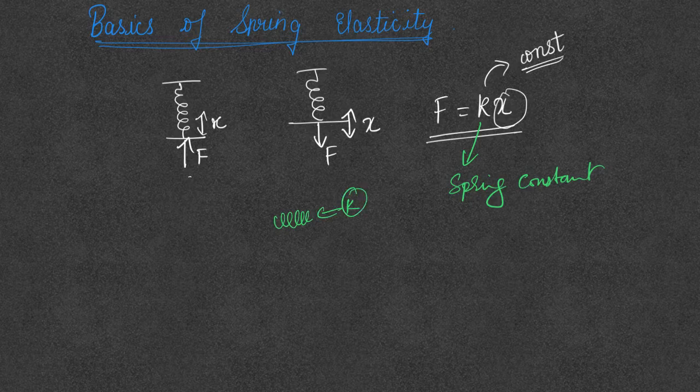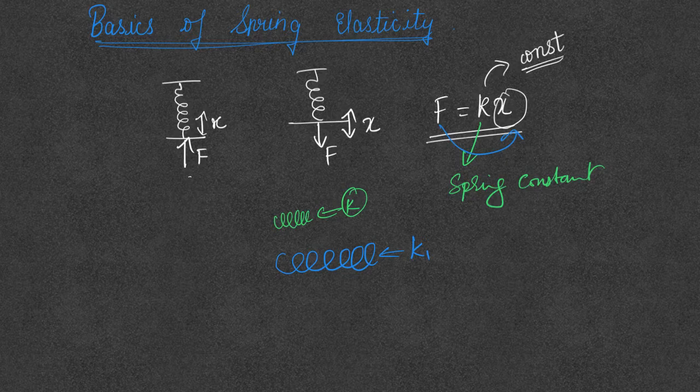Similarly, if you have another big spring of iron, the K of that spring will be different. But for a particular spring, the K remains always constant, and the force is directly proportional to the displacement of the spring, either the extension or the contraction.